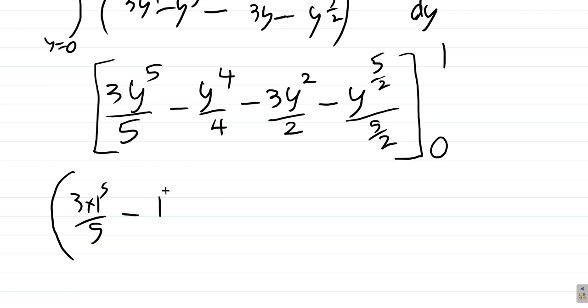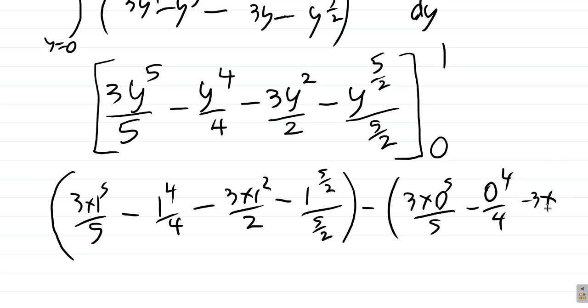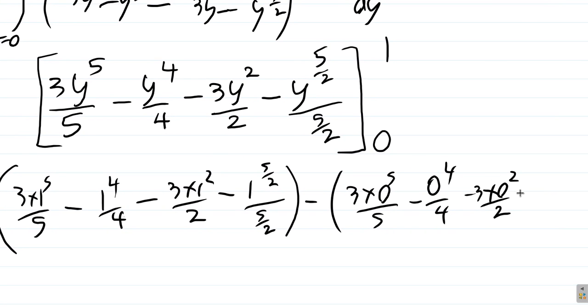Which is 1, minus 1 to the 4 over 4, minus 3 times 1 squared over 2, minus 1 to the 5 over 2 divided by 5 over 2, minus, well, it's 3 times 0 to the 5th over 5 minus 0 to the 4th over 4 minus 3 times 0 to the 2 over 2 minus 0 to the 5 over 2 over 5 over 2.